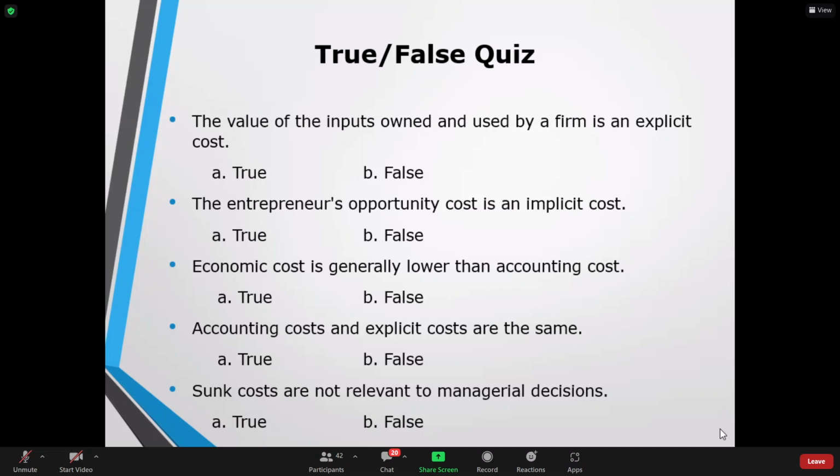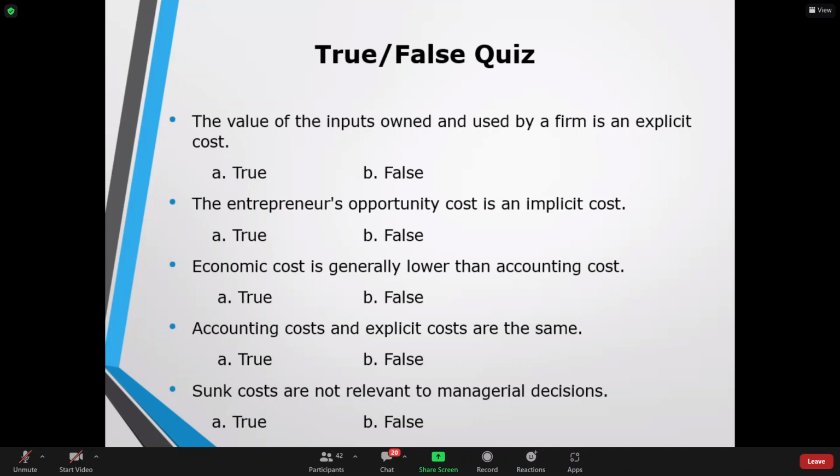Next one. Entrepreneur's opportunity cost is an implicit cost. Yes, it is true. And economic cost is generally lower than accounting cost. False, right?